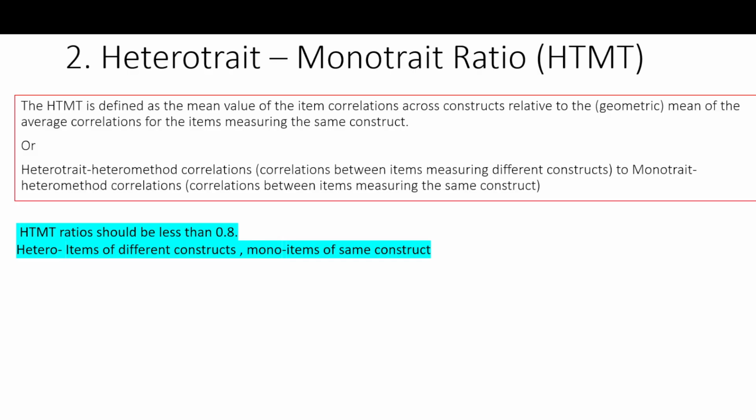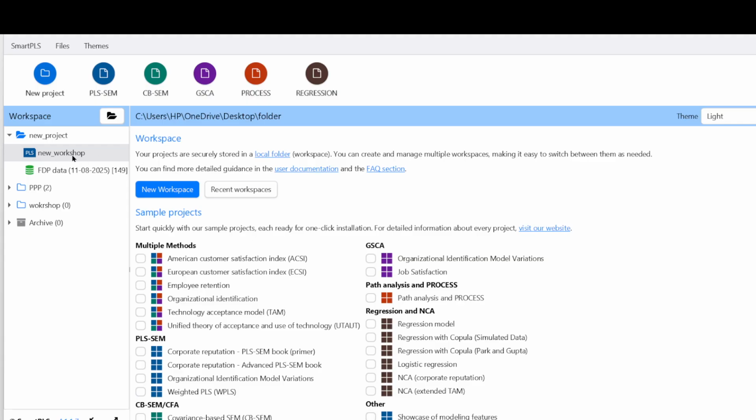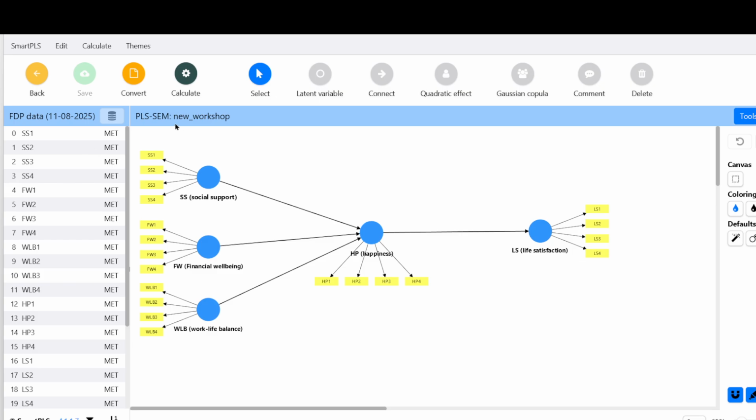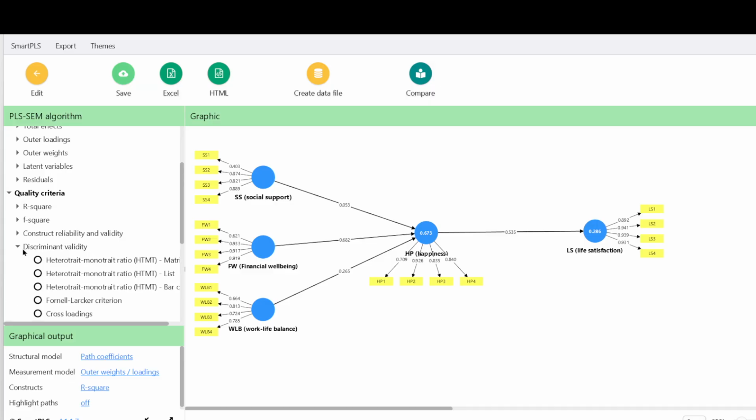To execute this, we go to SmartPLS and open our ongoing project. There are three constructs: social support, financial well-being, and work-life balance. Together these affect happiness, and happiness influences life satisfaction. Click on Calculate PLS-SEM algorithm, start calculation, and on the left hand side click on discriminant validity, and now click on the Heterotrait-Monotrait ratio HTMT matrix.